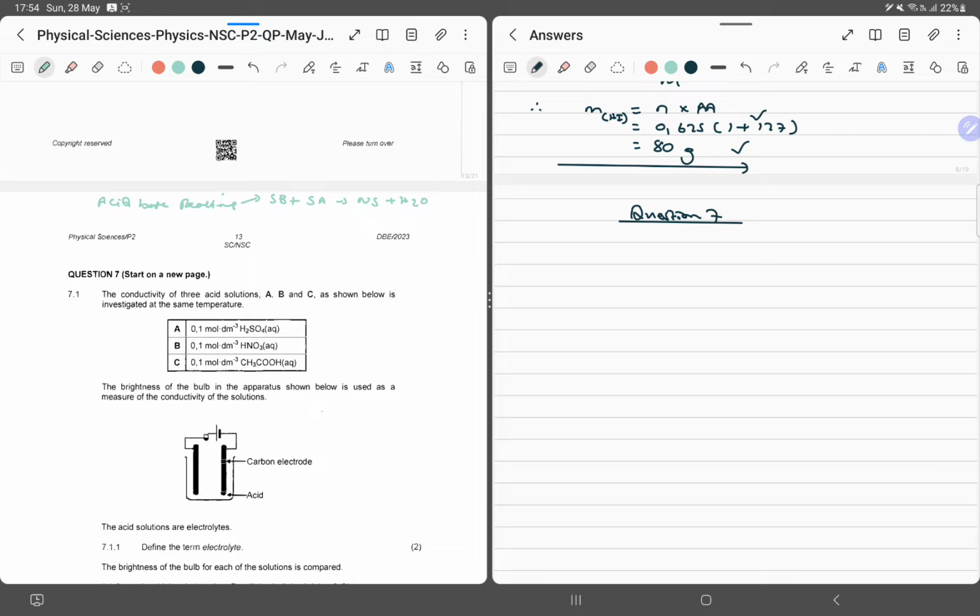Just know acid-base reactions like that. That's just an example. What happens when you react a carbonate, for example a metal carbonate, and an acid? You will form a salt, water, and carbon dioxide. Just remember those things.